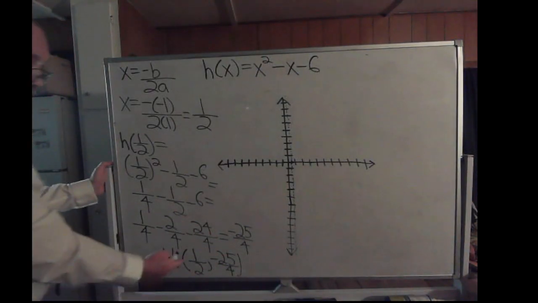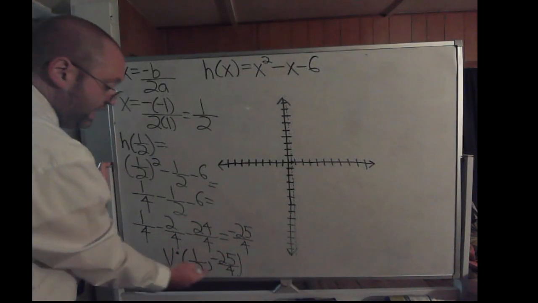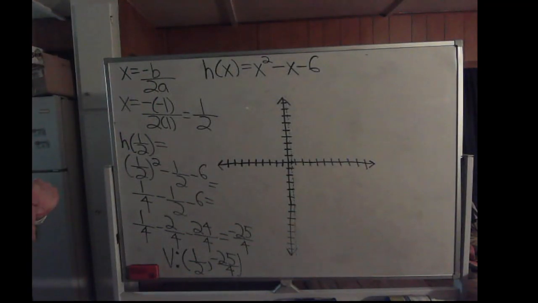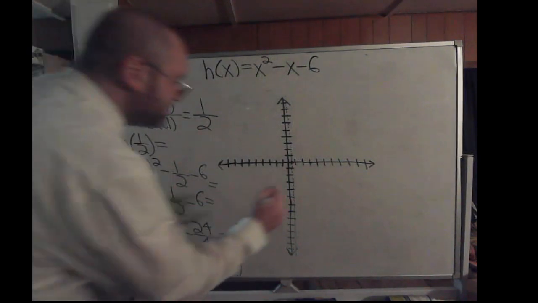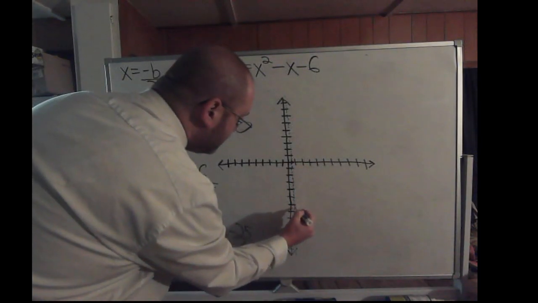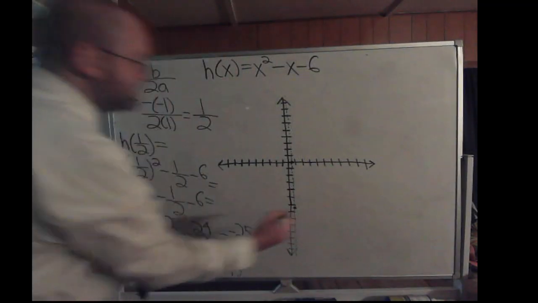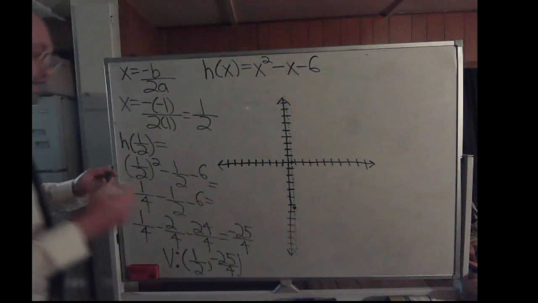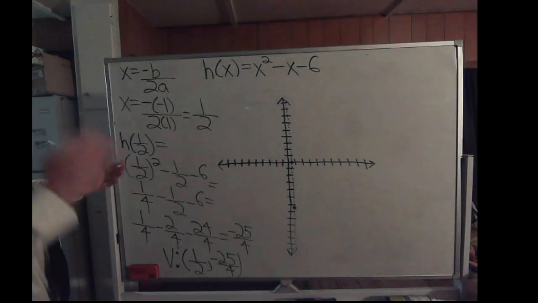So therefore, the vertex is located at 1/2, -25/4. Well, -25/4 is a little bit smaller than -6. So there's my 1/2, -25/4. That's going to go right about there. That's going to be the vertex.